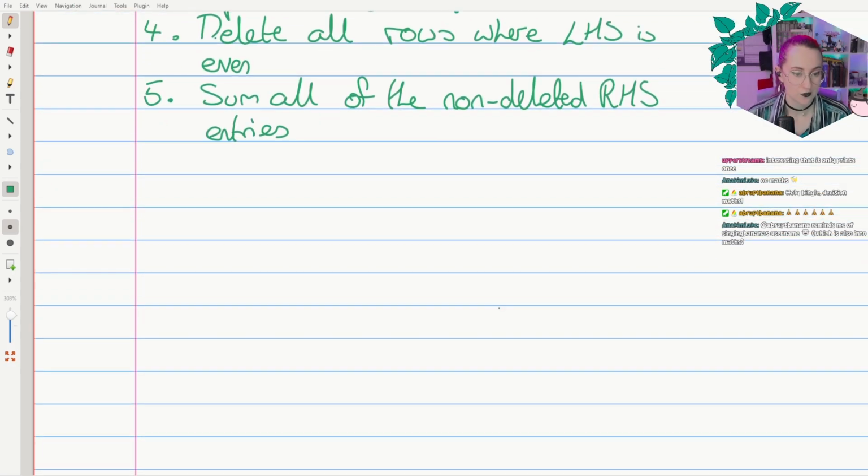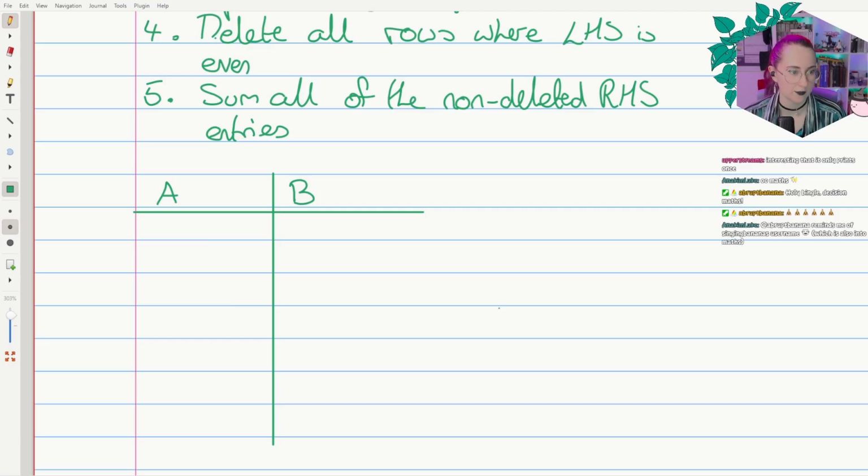So if we actually go through that algorithmically, we need to make a table. So we have our value A and we have our value B. So let's say we want to multiply big numbers together, right? We don't want to do it with smaller numbers. So let's do 244 times 125, which is the example that they had.